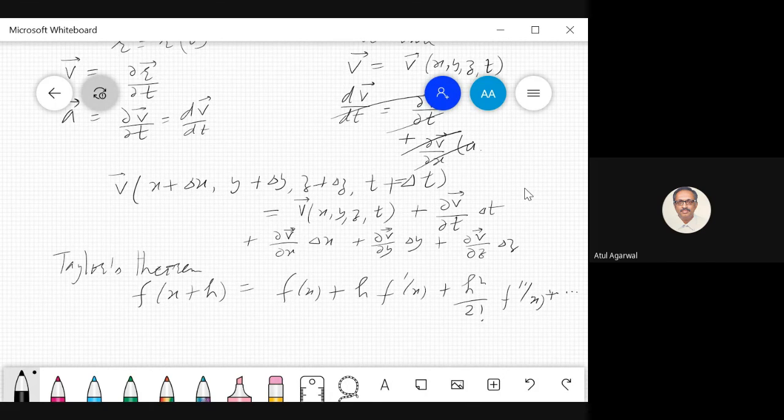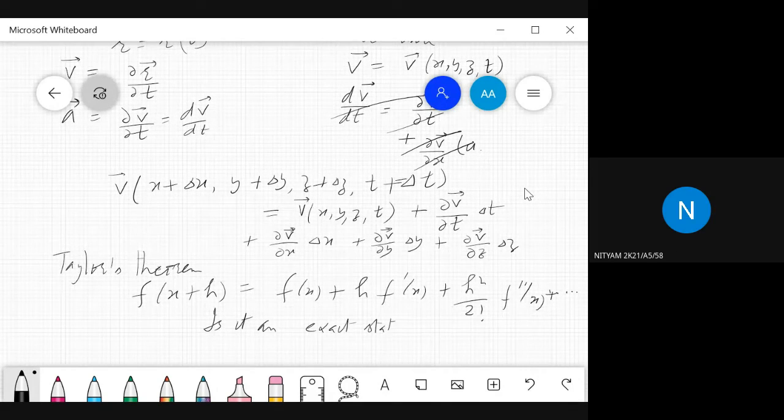Have you seen this? Yes, sir. Is it an exact statement or an approximation? Sir, exact.